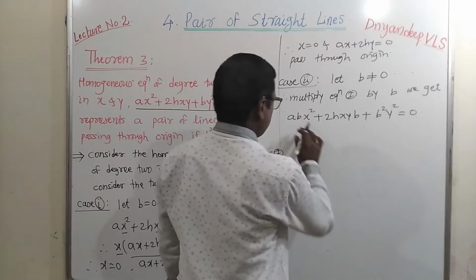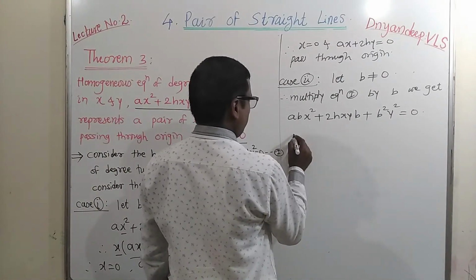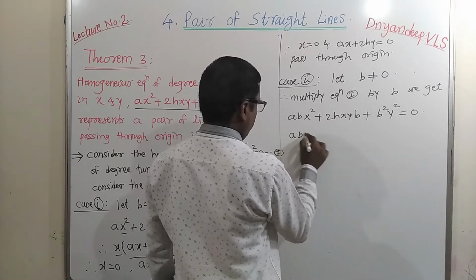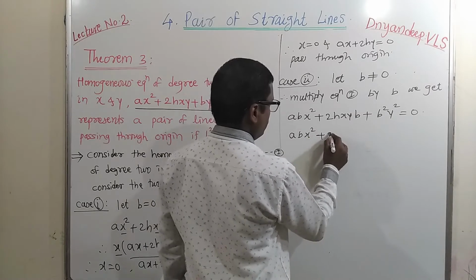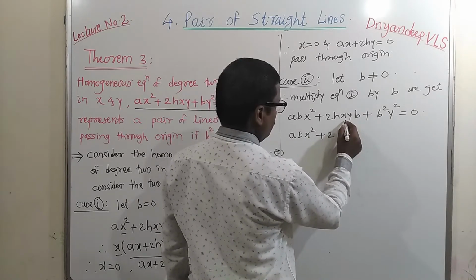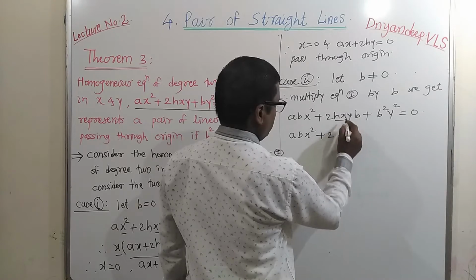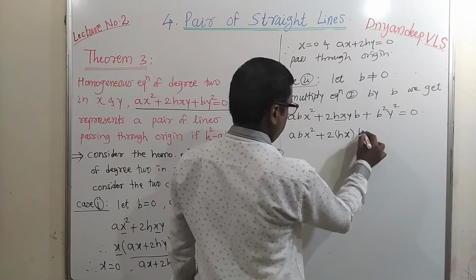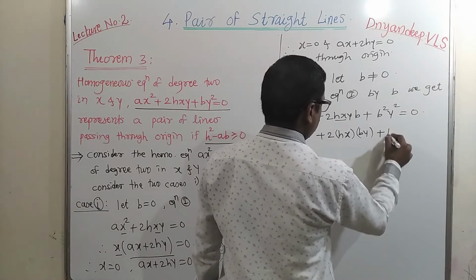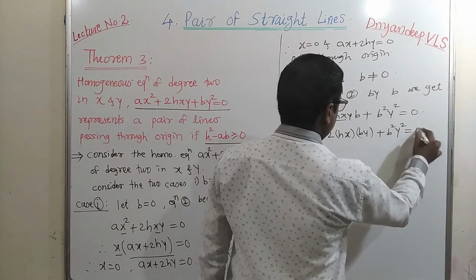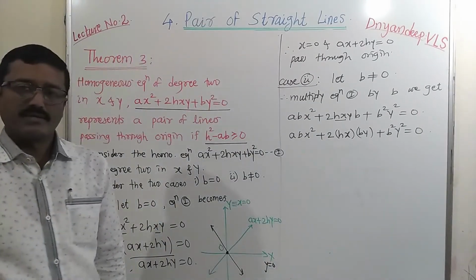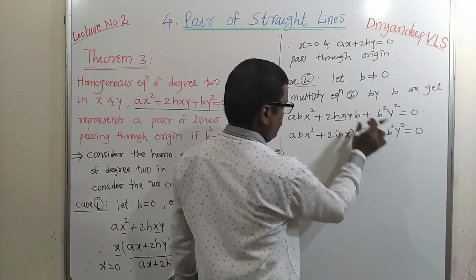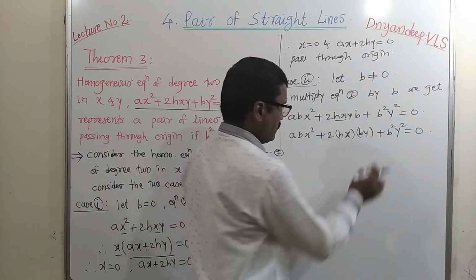Now, once again we will write these terms as abx square plus 2hx and by plus b square y square equal to 0. Because here b square y square is here, that's why we have taken out this term, that number by.